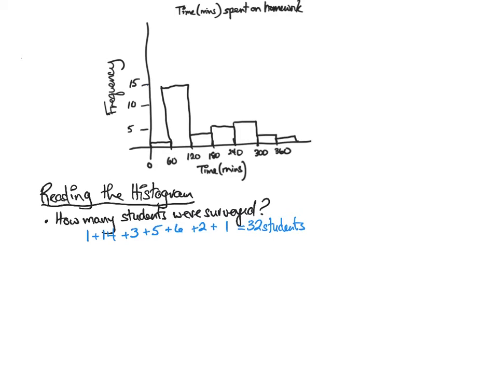Another question you could be asked: greatest amount of time spent. Okay, so this is purely being able to read what is on the graph. You have 360 and then it goes on from 360. So the greatest amount that could be answered is over 360 minutes. 360 plus minutes.